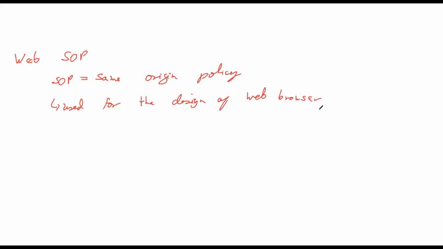That is to say, Chrome, Edge, Mozilla, all of them use this principle. All these companies that create browsers use this principle of same origin policy, and it should make a lot of sense why.